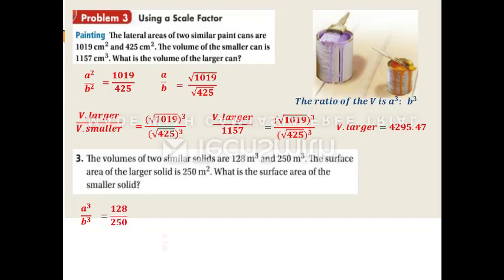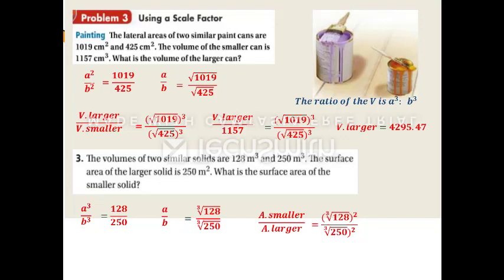To find the scale factor, we will find the cubic root of the given volumes. Then the ratio of the area of the smaller over the area of the larger equals the scale factor squared: the cubic root of 128 squared over the cubic root of 250 squared.